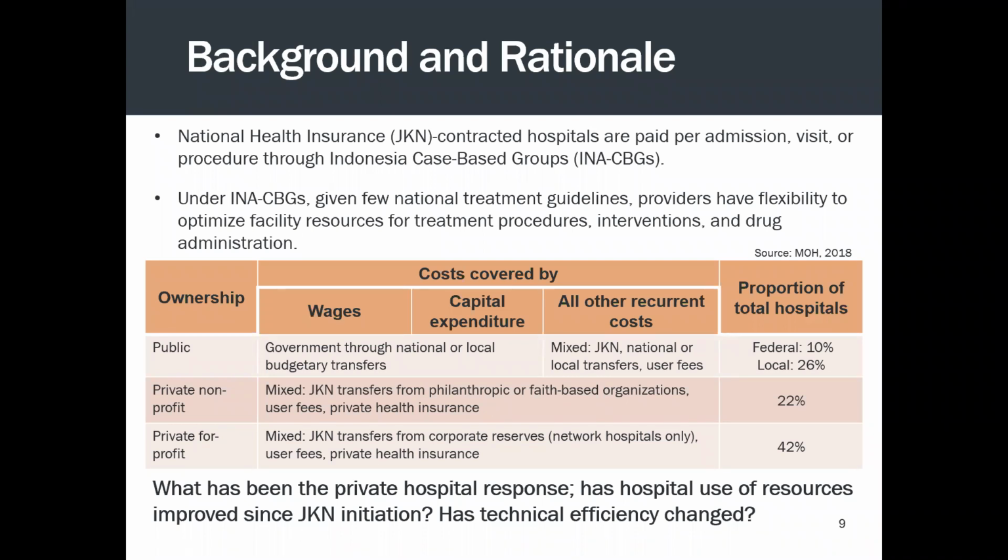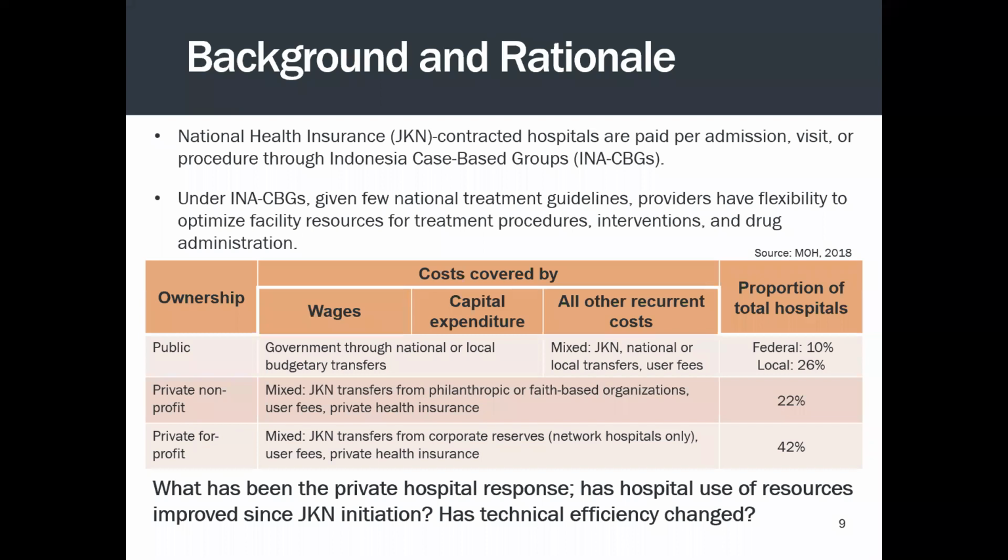Unlike public hospitals, where government funds personnel costs and capital expenditures, private facilities must fund most costs from their direct revenue. They also have to procure medicine and commodity needs from the market, whereas public-owned hospitals can access a government-implemented procurement system.